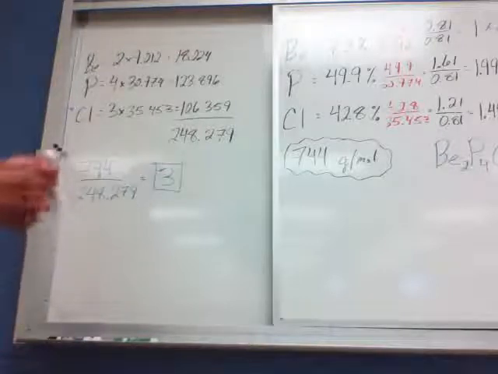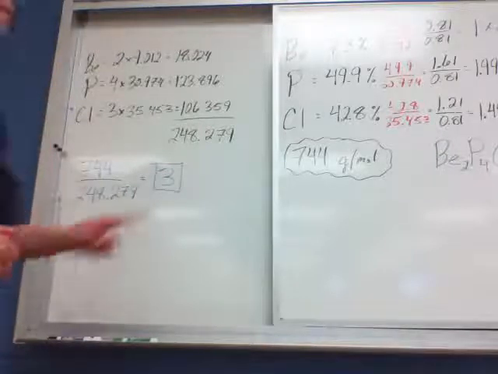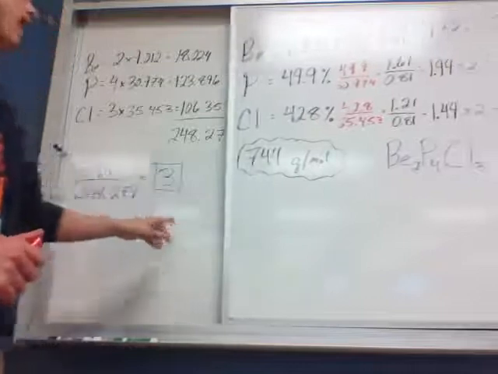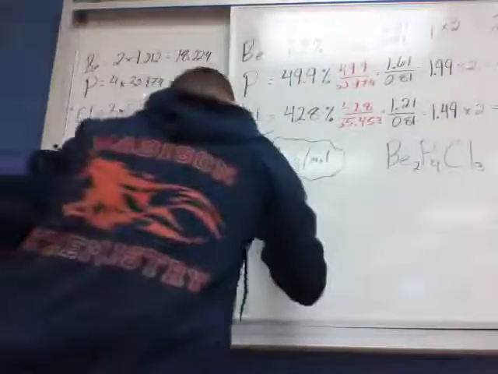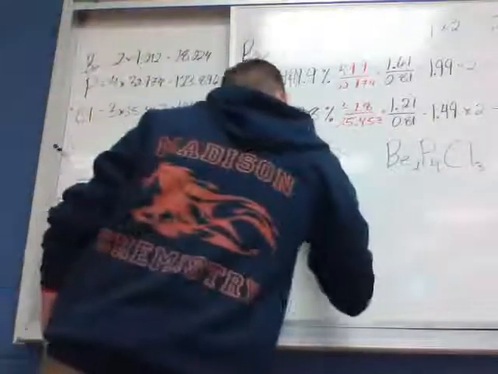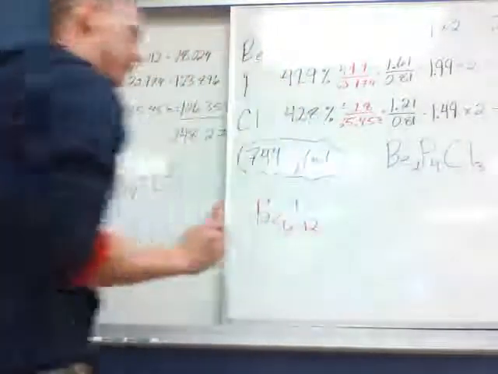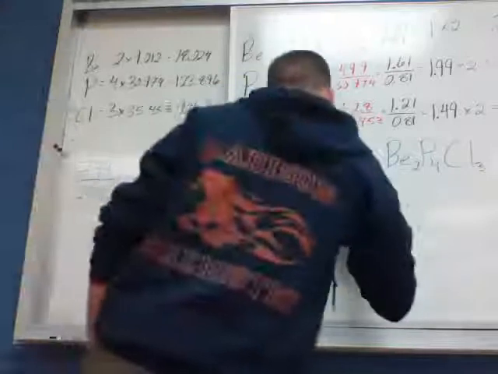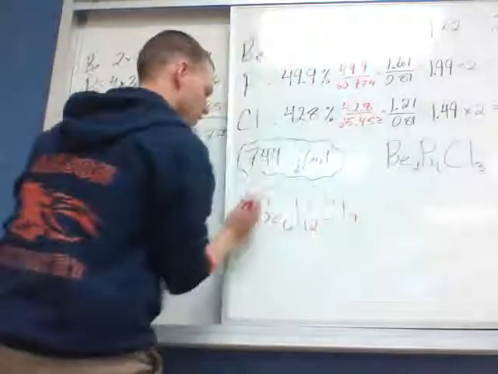Therefore, my final answer would be multiplying my empirical values by 3, which would give me 6 berylliums, 12 phosphoruses, and 9 chlorines.